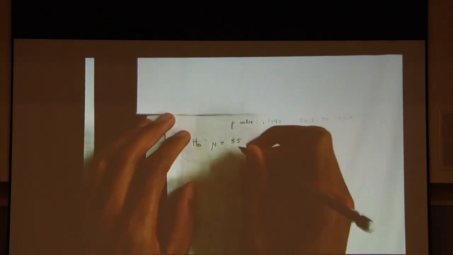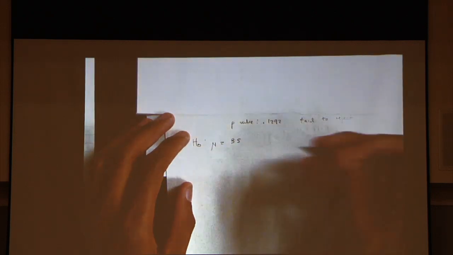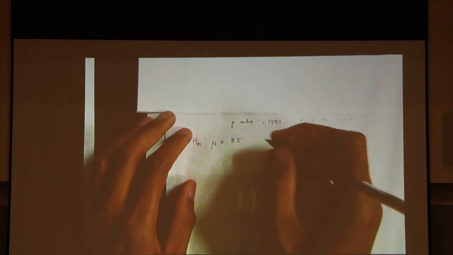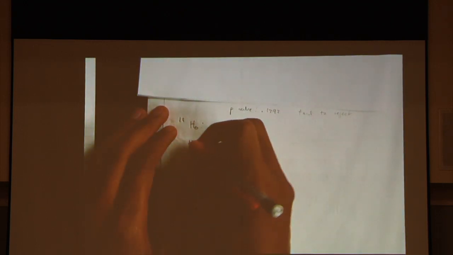You want to compare it to 35%. And it can be less than or equal to, like the last one, but we're just going to say equal to. And then the alternate hypothesis is mu is greater than 35.